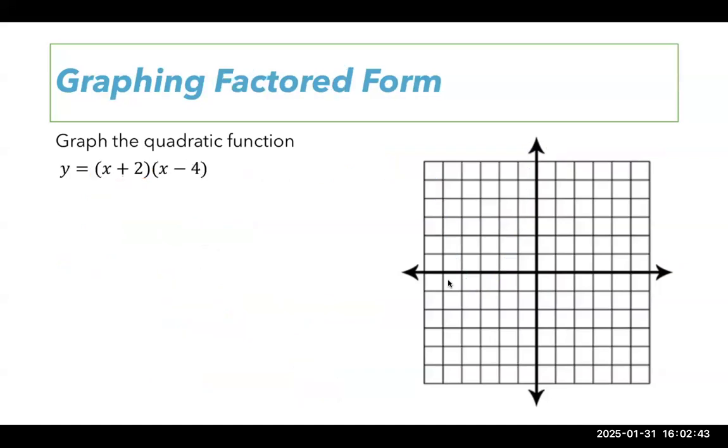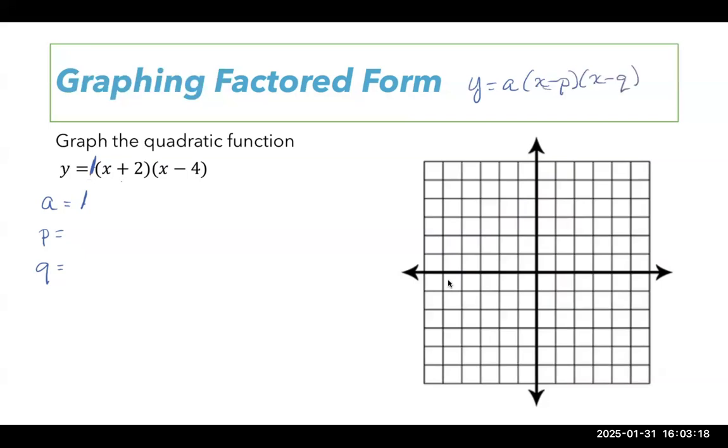All right, let's take a look at factored form. So with factored form, we are now looking at A, P, and Q. So again, nothing out in front of the parentheses, which means A is just going to be 1. The p-value, remember our general form for factored form is that y equals a times x minus p times x minus q.